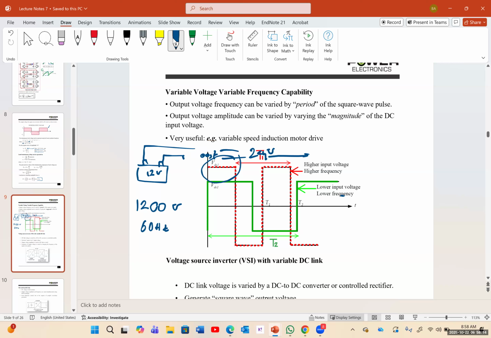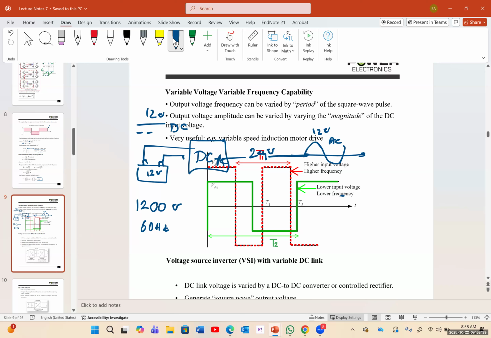So what we can do, instead of having the boost, I'm going to have a DC to AC converter. Now what I have is, for example, if I have a pure sine wave, I'm going to have a 12 volt AC. So I have a 12 volt DC in the input, and I'll convert it to 12 volt AC.